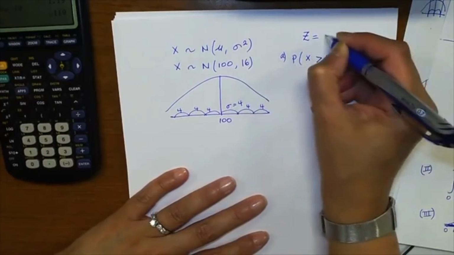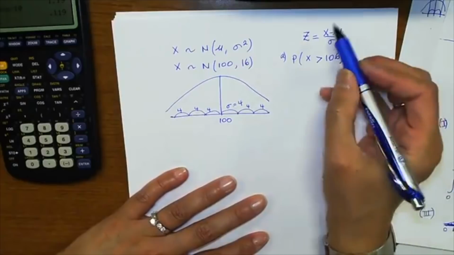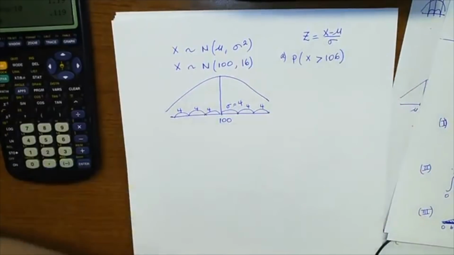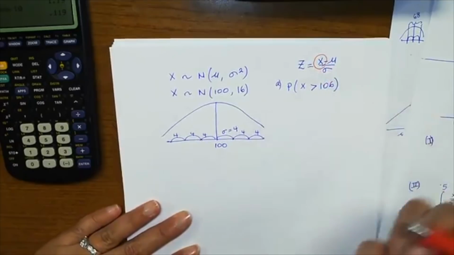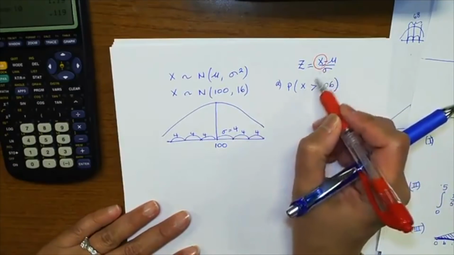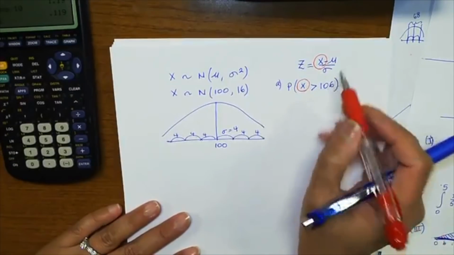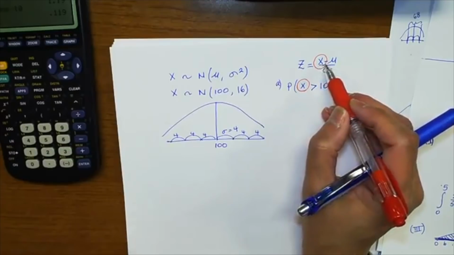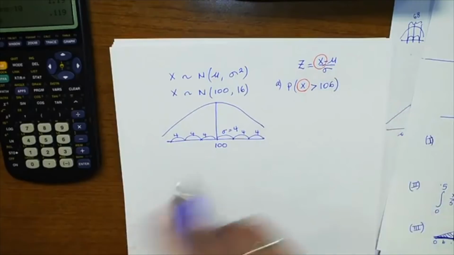So z equals x minus mu over sigma, right? I'm using this one because this is an x: x greater than 106. Because it's about x, I'm using z equals x minus mu over sigma.